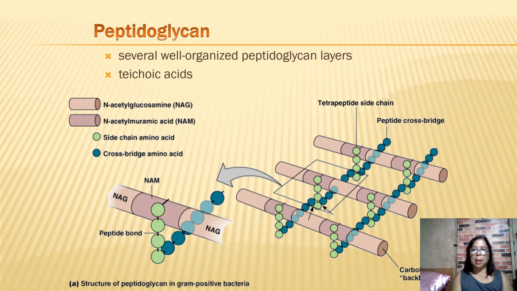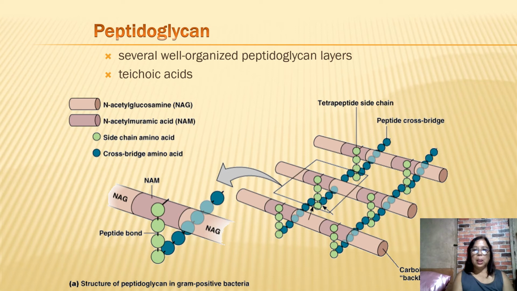So this is just an illustration of how the NAG and the NAM work with the peptide bond. So these are the NAG and the NAM, and of course you have here the peptide bonds, no? And these peptide bonds will link together with the structure of the tetrapeptide side chain.